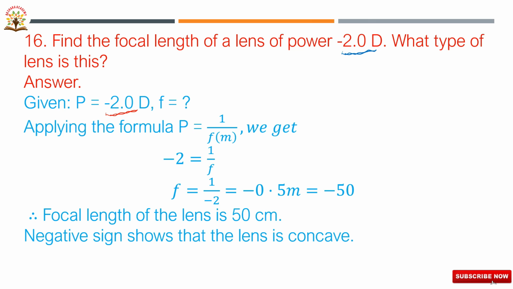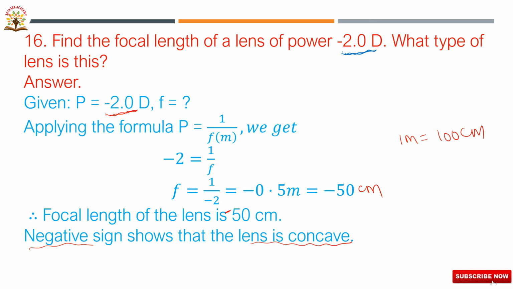Now we are converting 0.5 meters into centimeters. 1 meter is equal to 100 centimeters. So in terms of centimeters, it is 50 centimeter. Here, with the negative sign, the focal length of the lens is minus 50 centimeters. So the negative sign shows that the lens is concave. Focal length of a concave lens is negative.